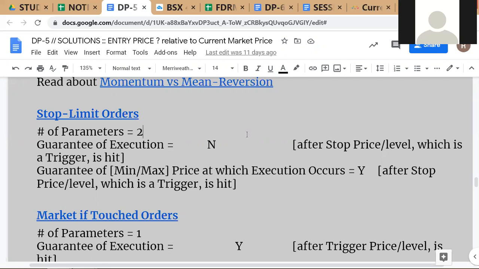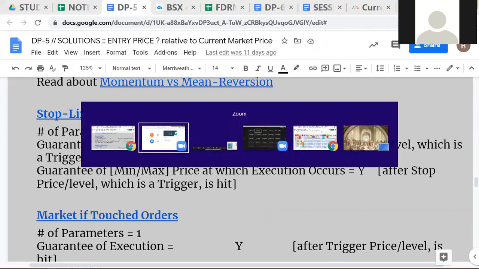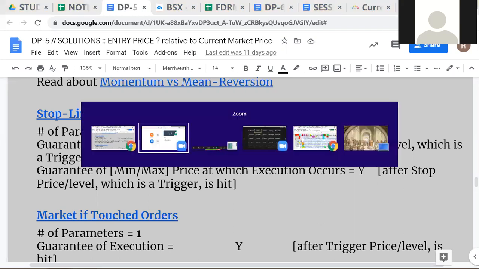1 minute. There's some problem with my sound. Let me just check if there's a problem with my sound. 1 minute. One second, let me just check my sound.